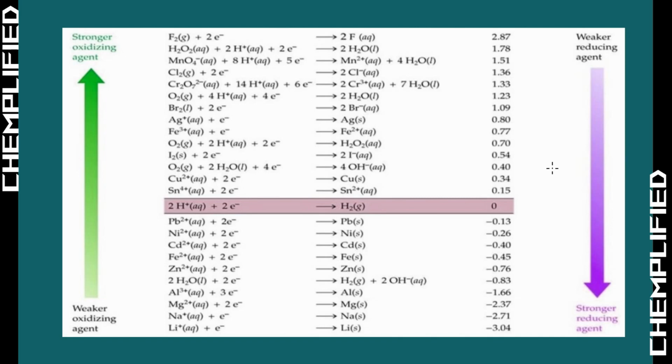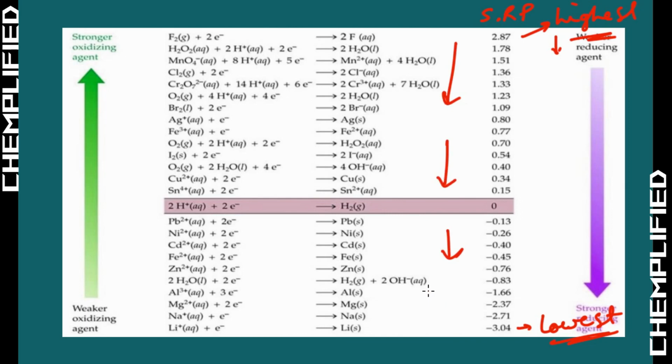Now this table, if you look closely, the table which provides you the value of standard reduction potential, is in decreasing order, right? This is the highest value, and this is our lowest value. The values are decreasing, right?